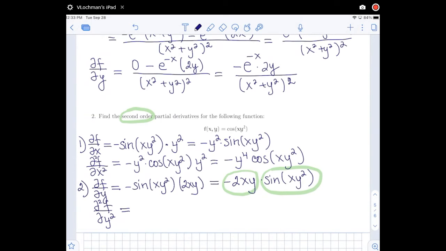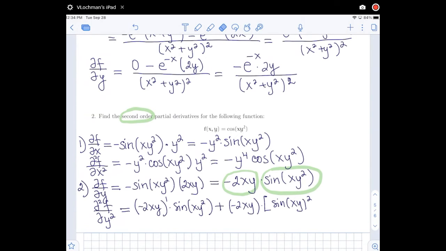So that would be the derivative of negative 2xy with respect to y times sine of xy squared, plus negative 2xy times the derivative of sine xy squared.